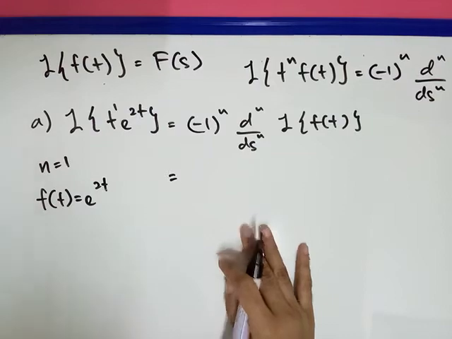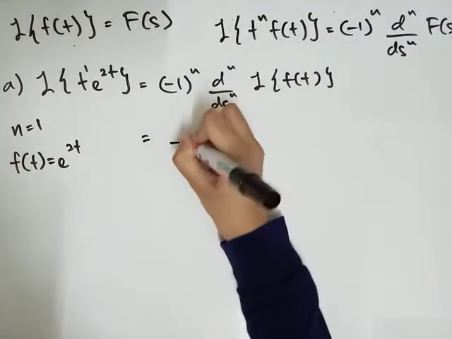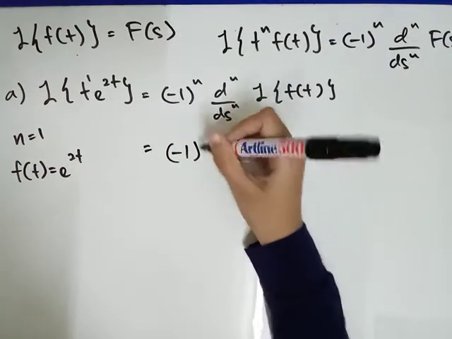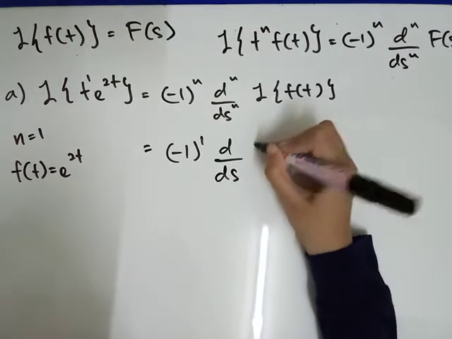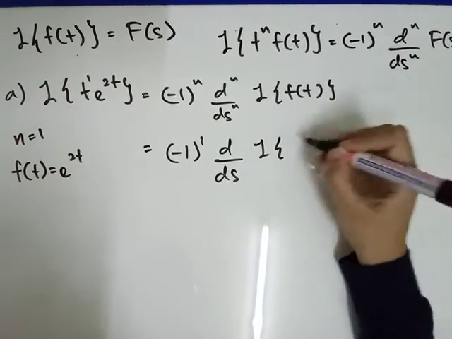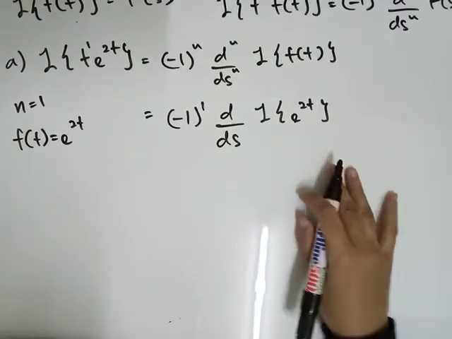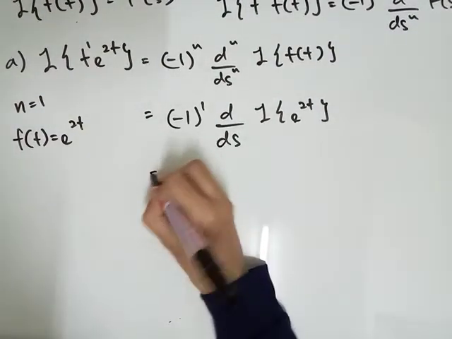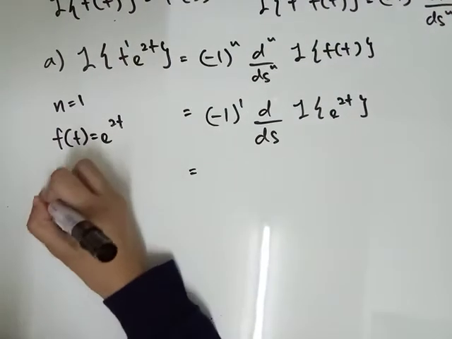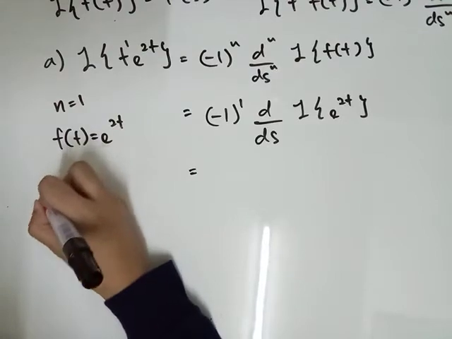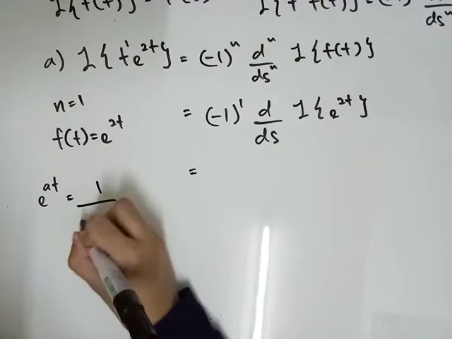So what is the Laplace of f(t)? That means -1, where n is 1, then we need to differentiate the Laplace of exponent 2t. We know that in general, the Laplace of exponent power at is equal to 1 over s minus a.